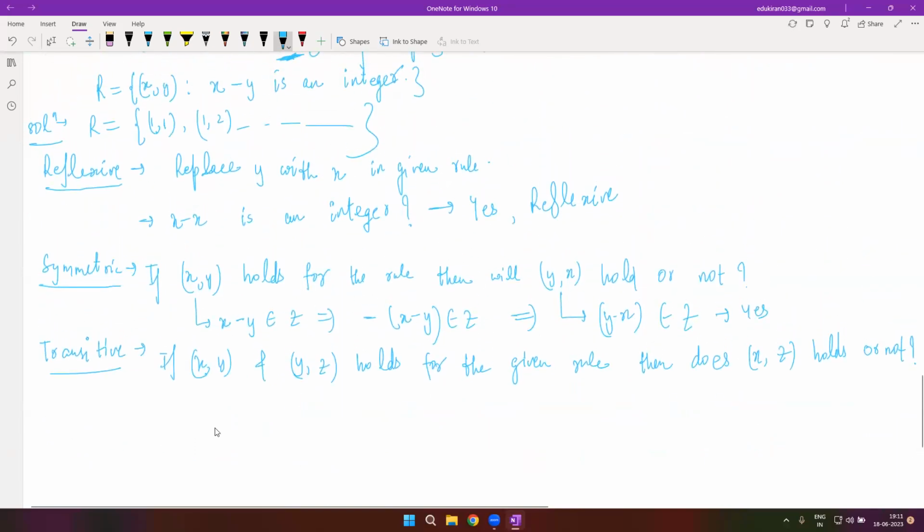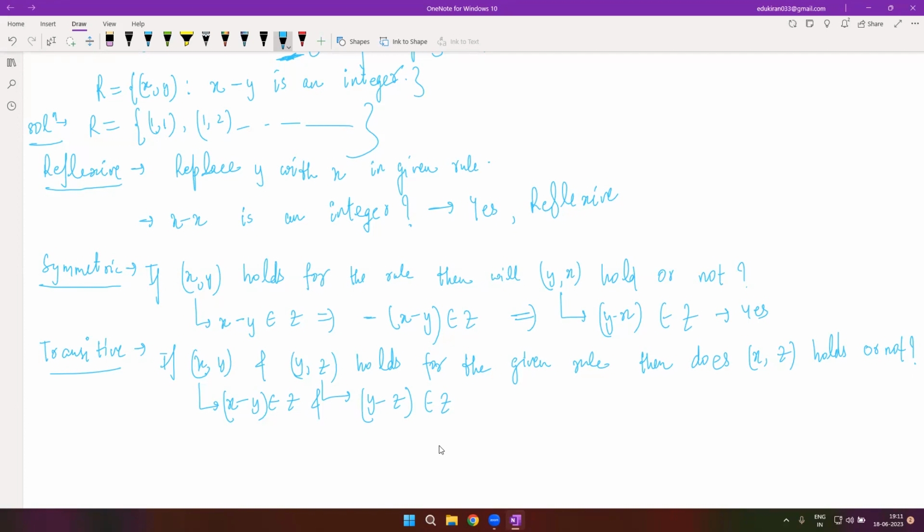So we are saying that if x comma y holds, it means that x minus y is an integer, right? And if y comma z holds, then y minus z is also an integer. So let's say x minus y is 5 and y minus z is 7, right? If I add both of them, 5 and 7, then I'll get an integer only, 12.